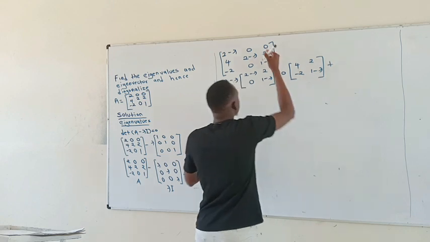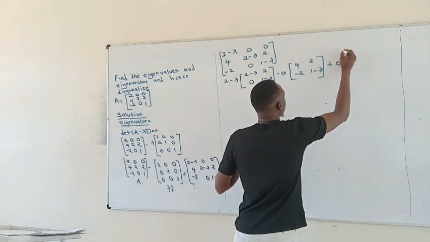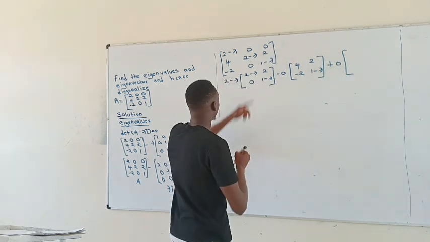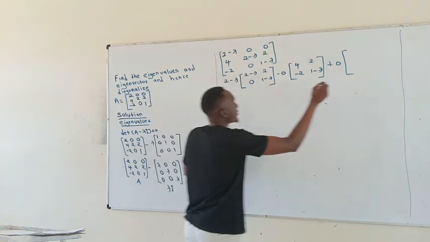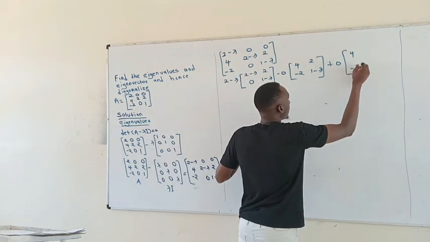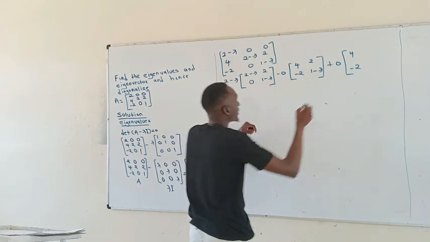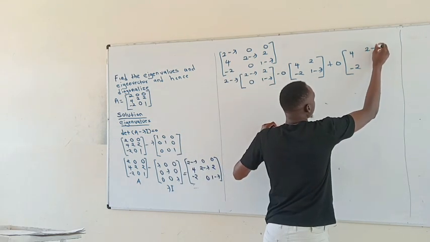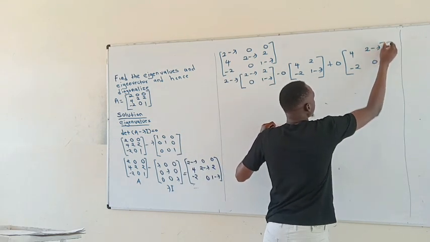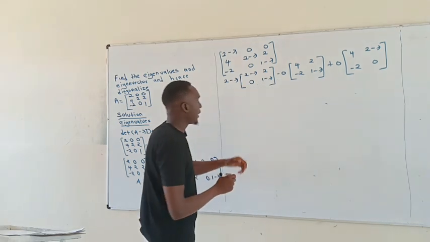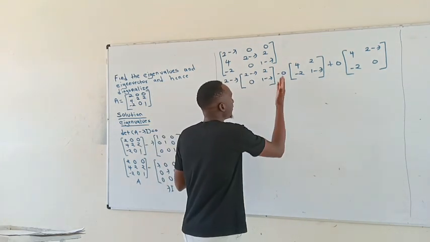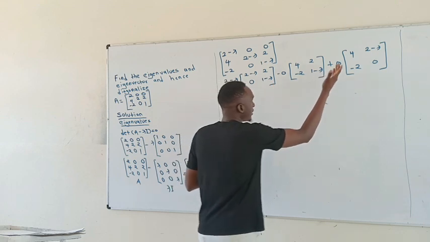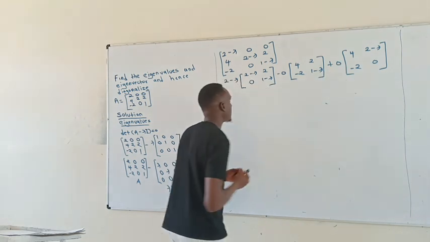Then plus 0 into, we cross the row and the column, we remain with the 4, 2 minus lambda and negative 2, 0. We realize that when we solve this, we will get 0 because we have 0 times what is inside, which is 0.